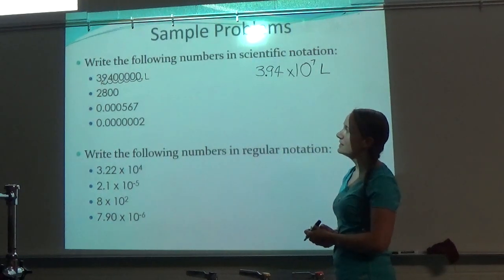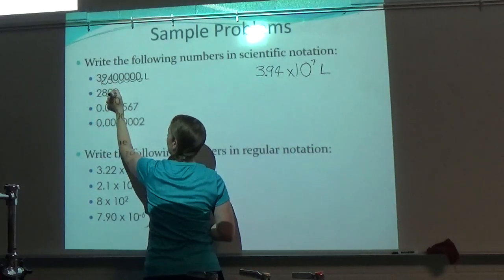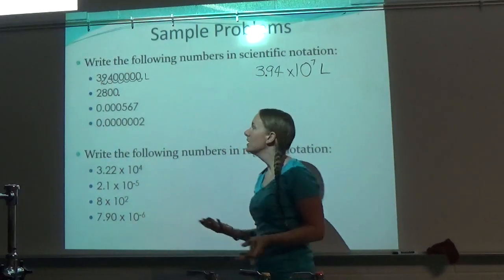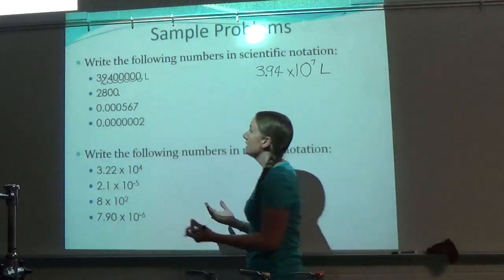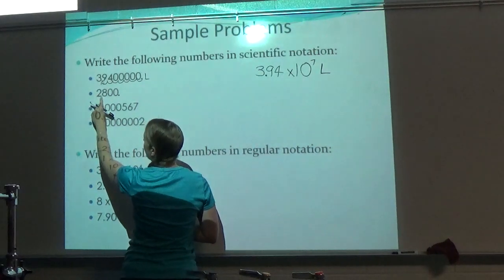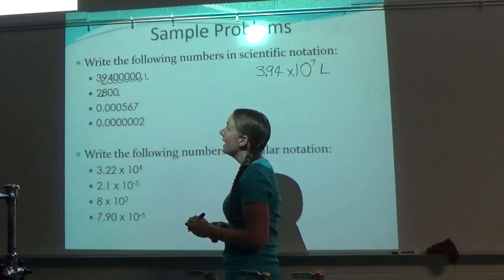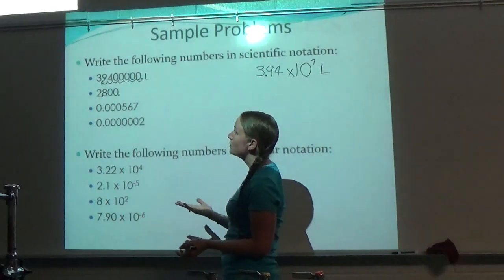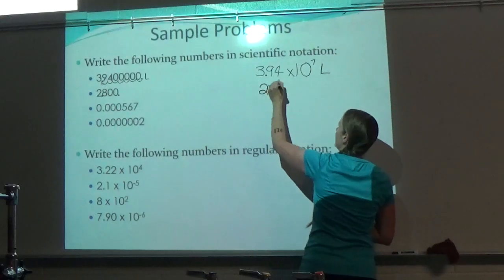We have 2,800. So where's my decimal to begin with? If you don't see it, it's at the end. I want one non-zero digit in front of the decimal, so I'm going to start at the front. 2 is a non-zero digit, so I'm going to move my decimal right here. Again, we're trying to get rid of all these extra zeros, so I'm going to change my coefficient to 2.8.